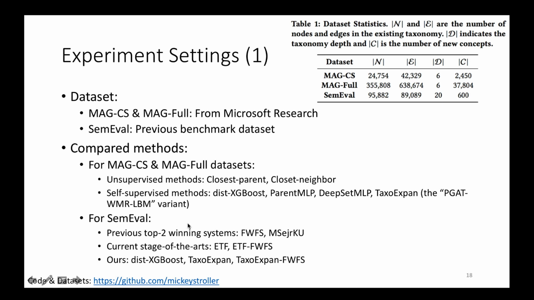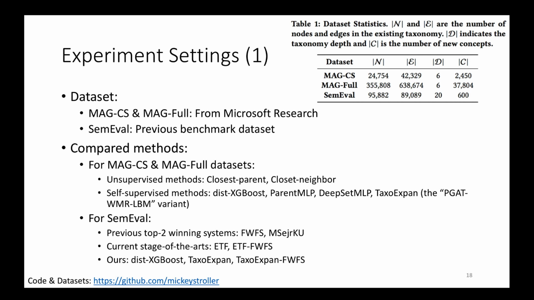On the SemEval dataset, we compare with a different set of methods. That includes the original top two winning solutions. The first one is called F-word FS, which means first word, first sense. The reason this method worked pretty well is that on the SemEval dataset, each query concept has an associated definition sentence.